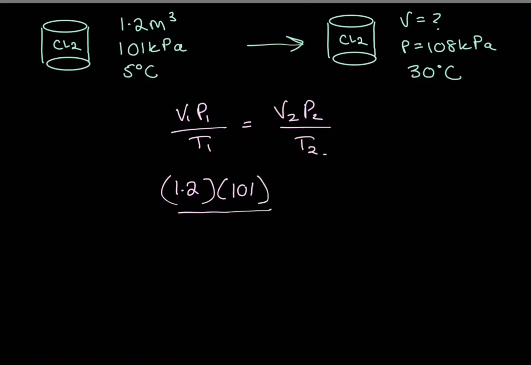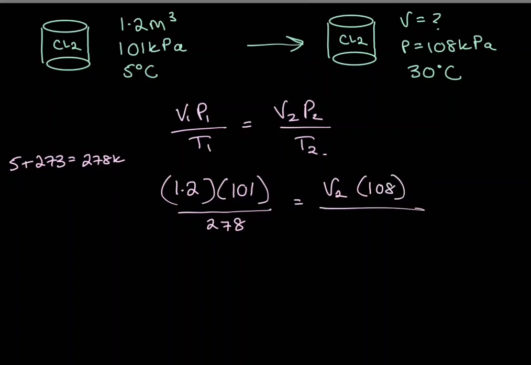Temperature, okay, so 5 degrees plus the 273, that is going to give you 278 Kelvin. The volume, we don't know. The pressure is changed to 108. 30 degrees plus the 273, that's going to get your answer in Kelvin to be 303 Kelvin.